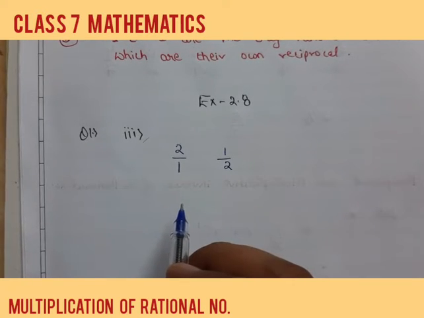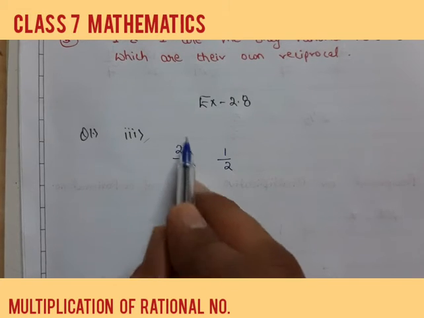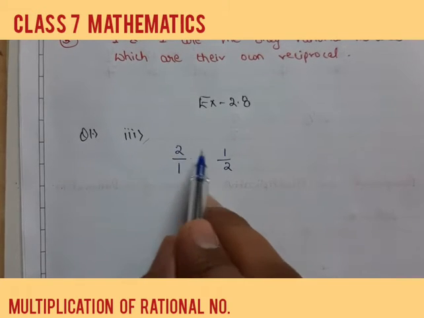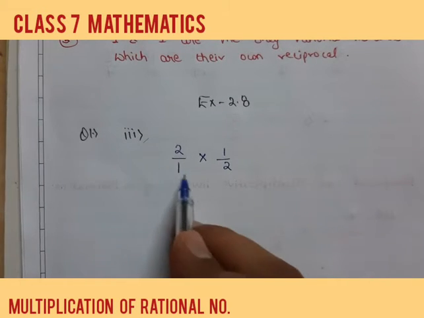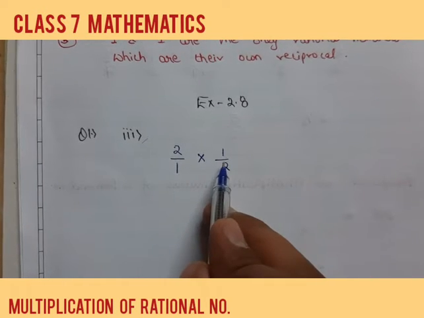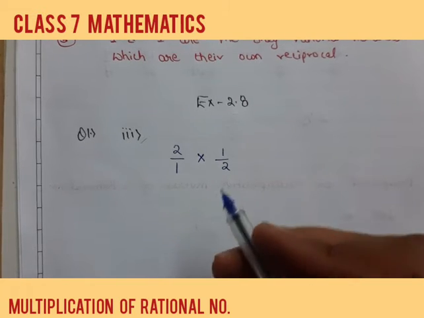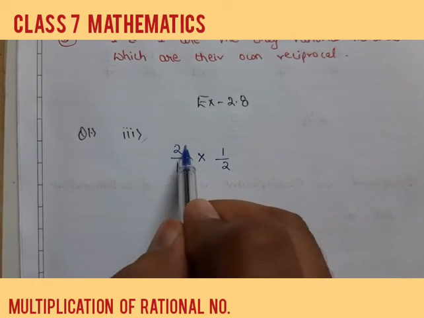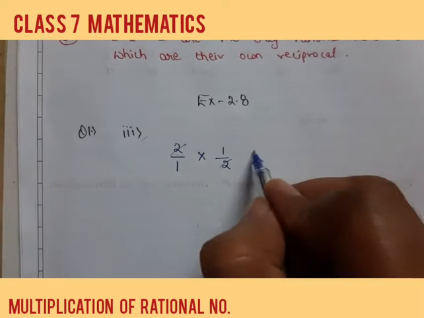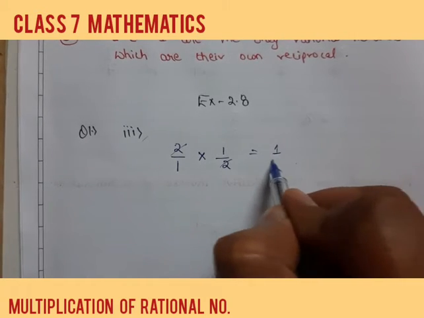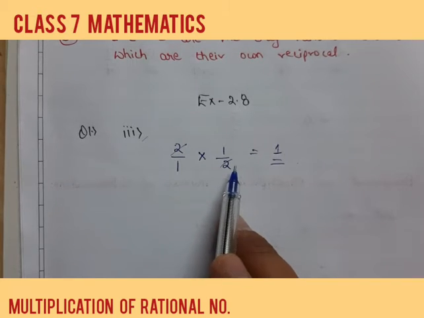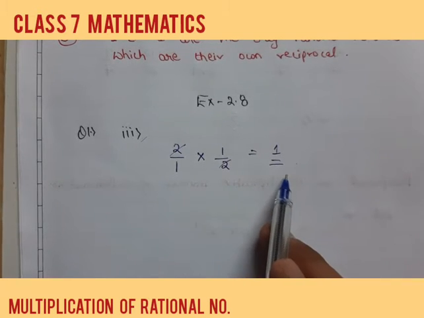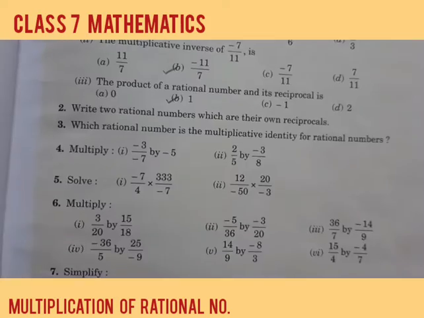Product means multiplication. Now we can see that 2 and 2 are common, so they can be cut. So the product will be 1. The product of a rational number and its reciprocal will always be equal to 1.